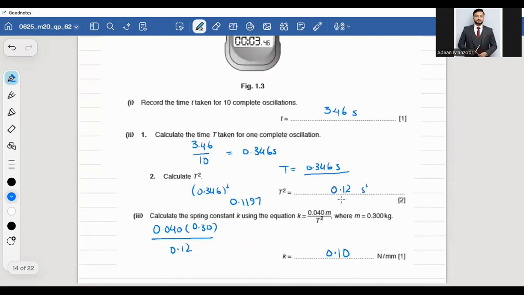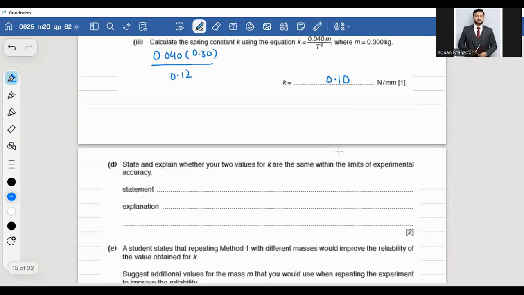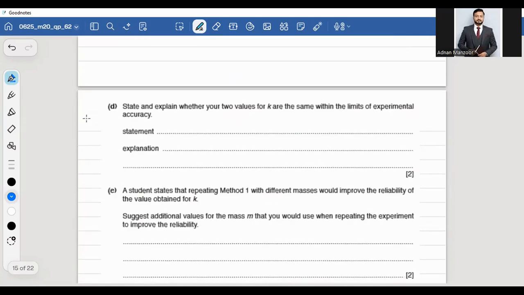The second value is 0.10. That's a very important question: you have to tell whether these two values are similar, the same, or not.